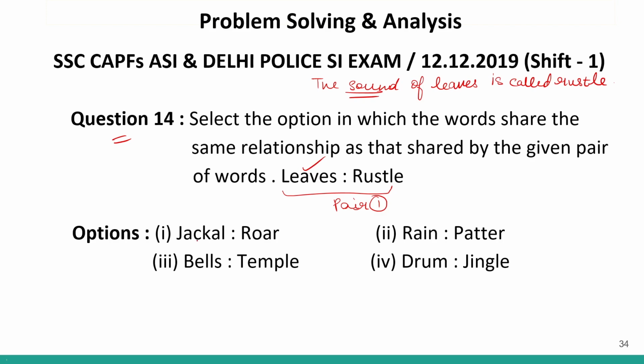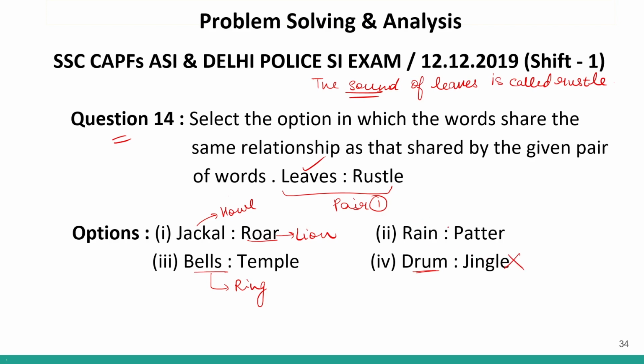Now the sound of jackal is called what? Is it roar? No, it is howling. A jackal howls. Similarly, roar is for a lion. Now, bells ring. That is the sound of bells. Similarly, the sound of drum is definitely not jingle.